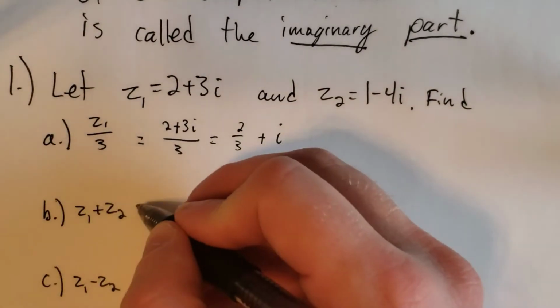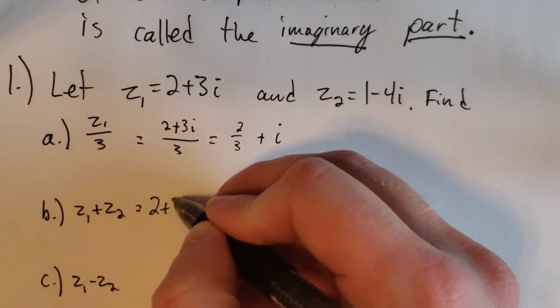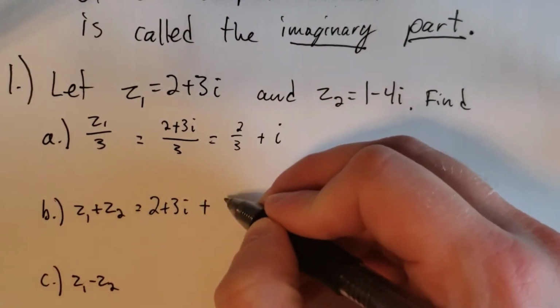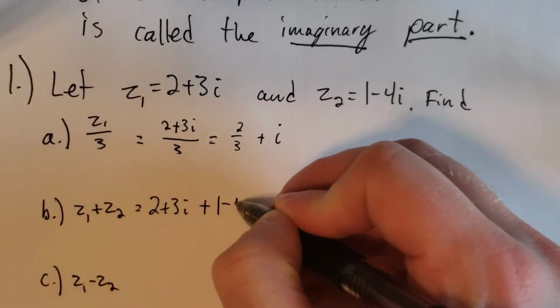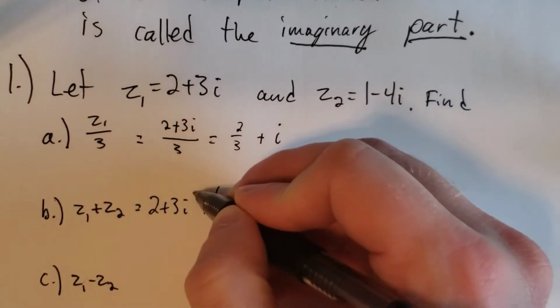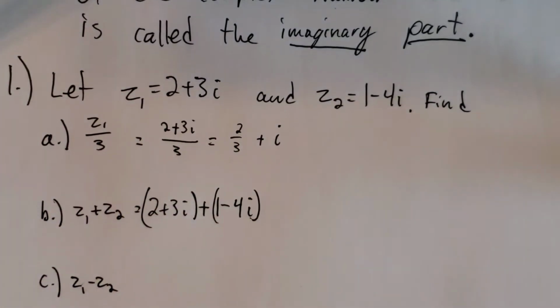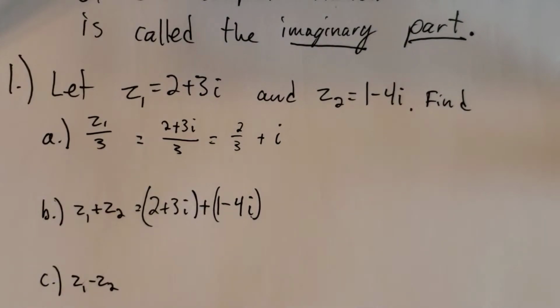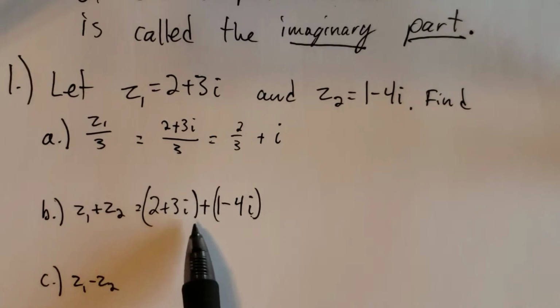z1 plus z2 here, how do we do that? Well, we take 2 plus 3i, and we want to add to that 1 minus 4i. I don't need to write parentheses here, I'm just helping us see what's going on. We add like terms, just as if this i was an x value.